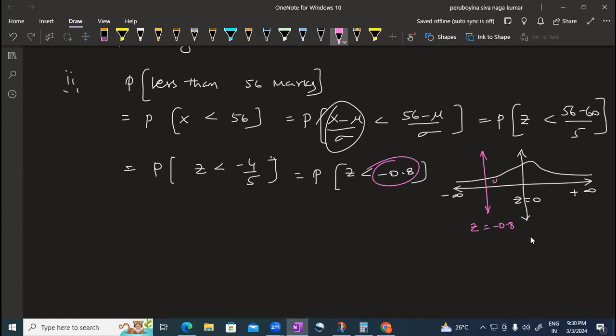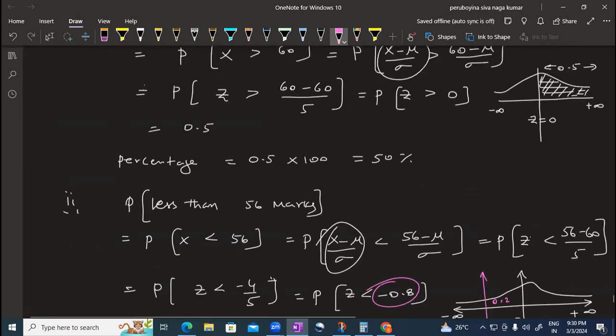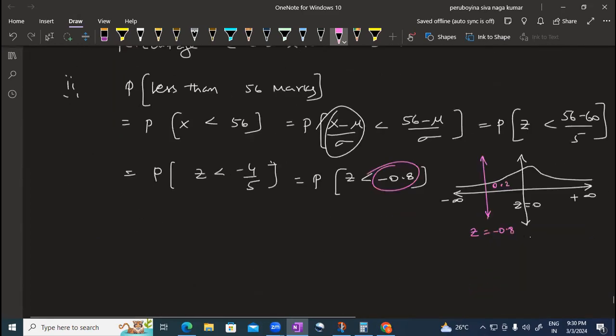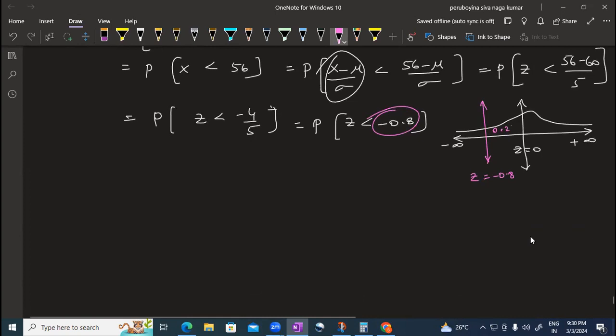This shaded portion is what we need, but the given value is 0.2881. This area part was given, but actually it says below 0.8 for Z, the covered area. Below that, this part we want actually.